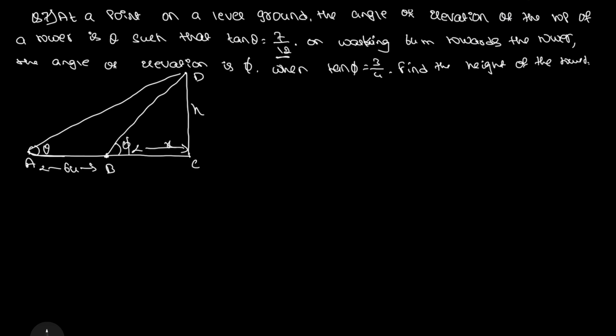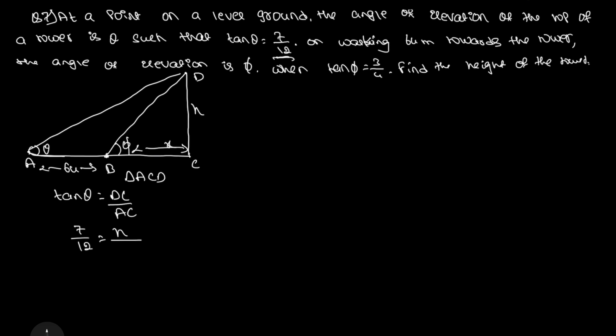Here we are using the base and perpendicular sides, so we will be using tan theta, which means triangle ACD. We are going with tan theta, so tan theta is equal to DC by AC. What is our tan theta? It is 7/12. What is our DC value?